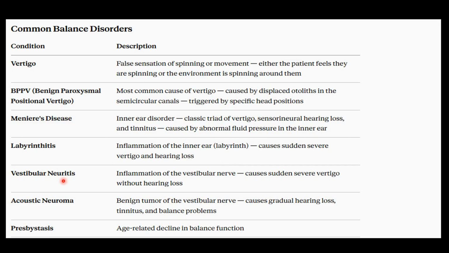Then we have vestibular neuritis, which is an inflammation of the vestibular nerve, causing sudden severe vertigo without hearing loss. After that, we have acoustic neuroma, which is a benign tumor of the vestibular nerve, causing gradual hearing loss, tinnitus, and balance problems. And last we have presbystasis, which is age-related decline in balance and function. So these are all the things that we should know as conditions and descriptions of common balance disorders.